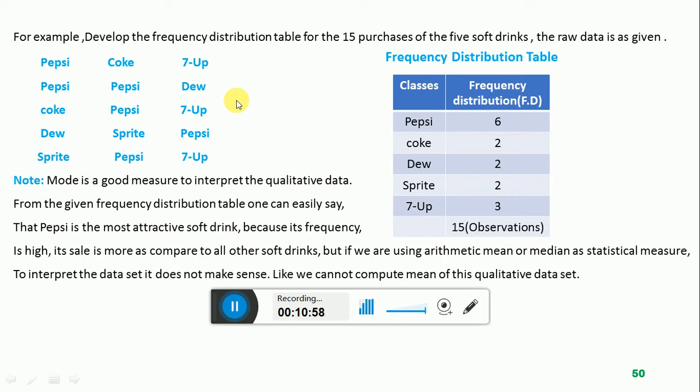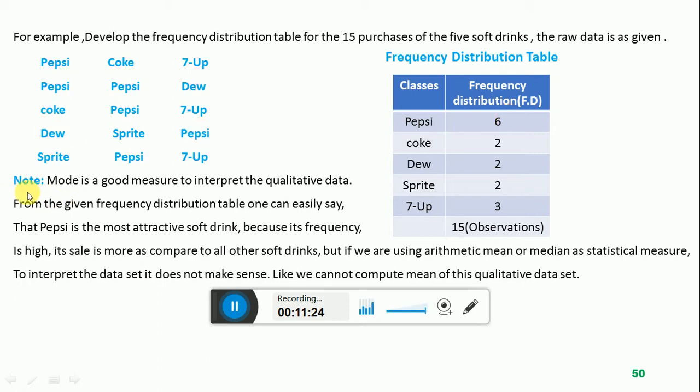So a frequency of 6 means Pepsi is the most frequent soft drink in the given data set. The people mostly purchase Pepsi. The sale of Pepsi is more because its frequency is 6, and 6 is the highest frequency, and you can say Pepsi is the most frequent data item of the given data set.